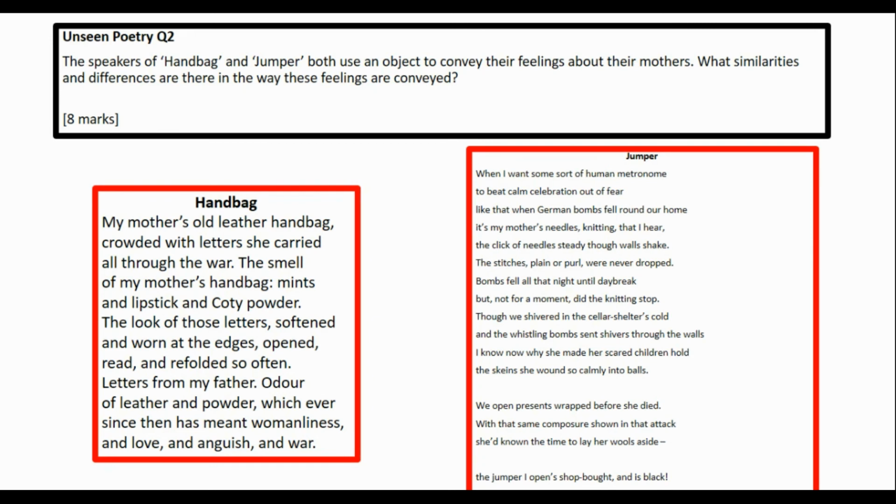So in Handbag, the object is the handbag to convey the feelings about the mother, and it's a jumper in the other poem. So, guys, what are the similarities and differences in the way those feelings are conveyed? That is worth 8 marks, and you need to write about 3 or 4 different things.